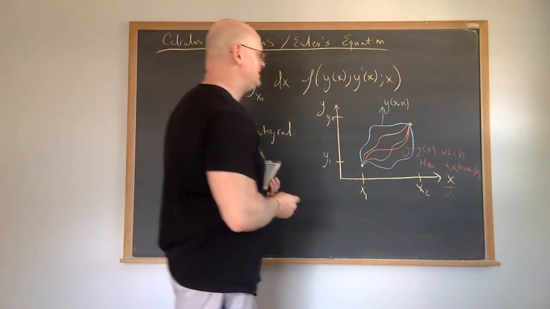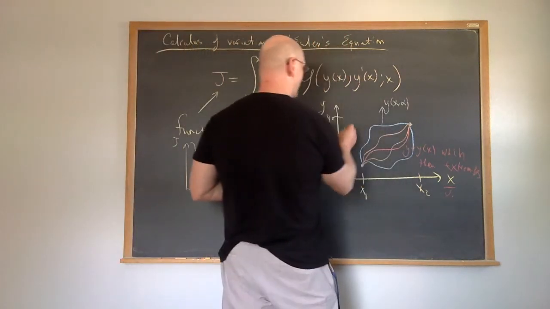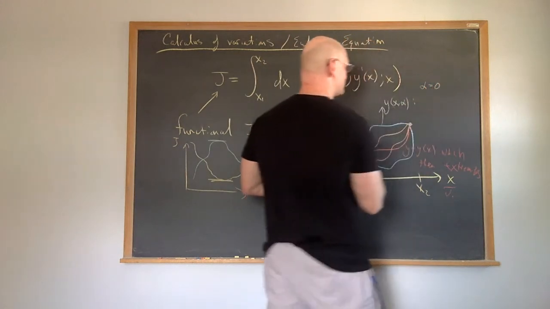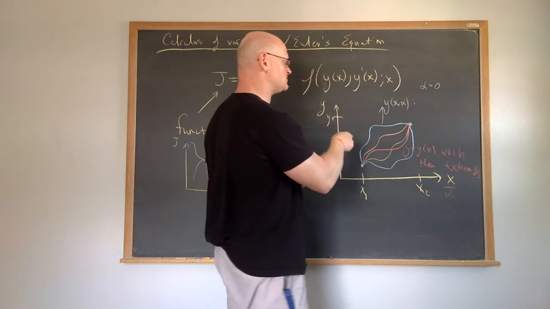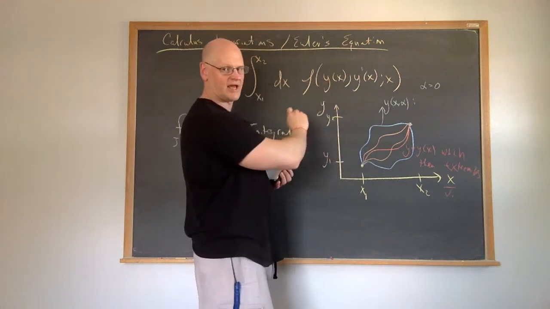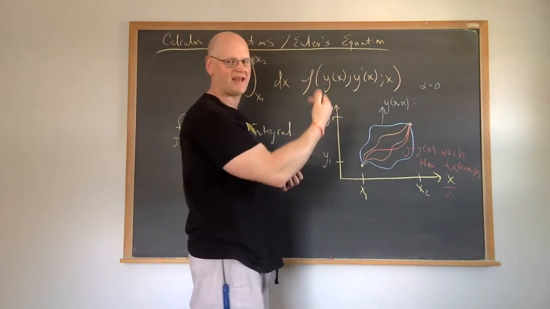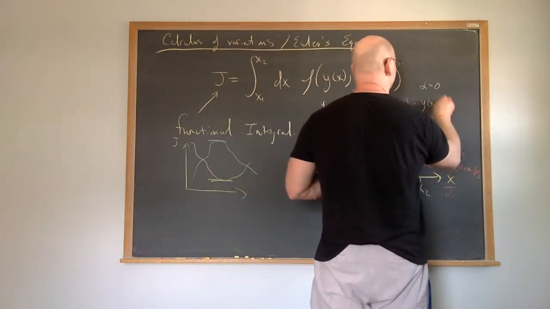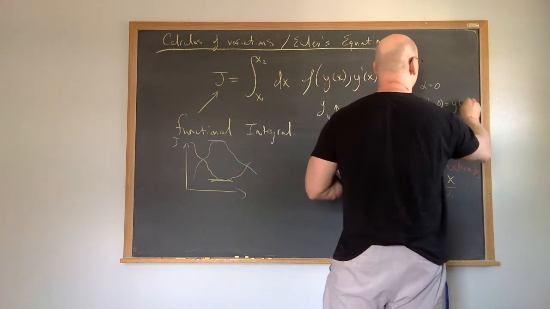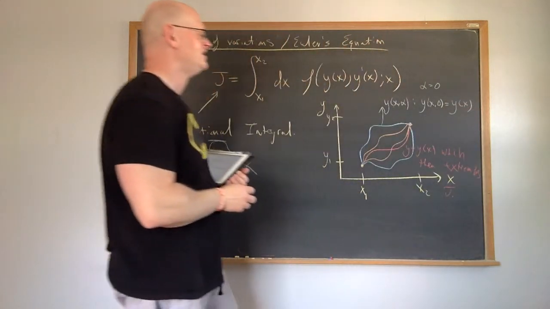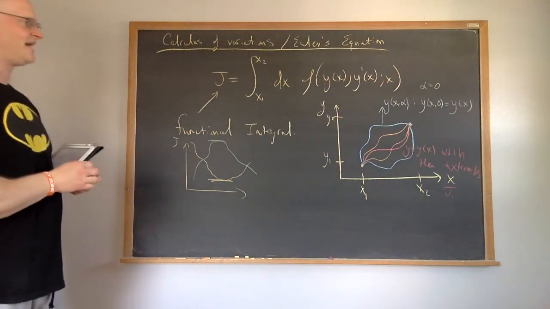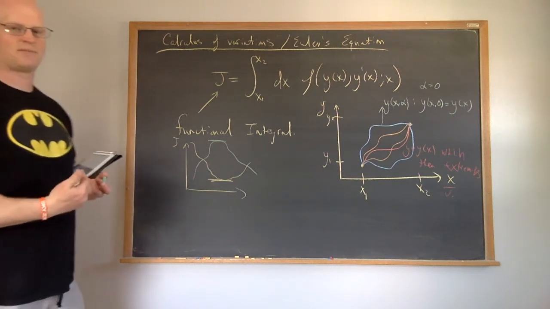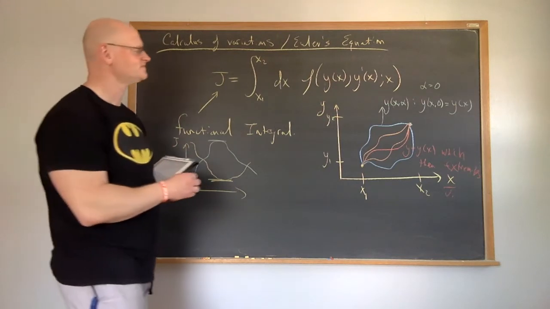Now, here we're going to say that when alpha is equal to 0, this path becomes the original path at which I'm looking here, i.e. the path that actually extremizes my function. So all this means is that y(x, 0) must be equal to the original path y(x). So the idea is that at the end of the day we're going to take whatever alpha is, set it equal to 0, and that's going to be the path which actually extremizes my function.